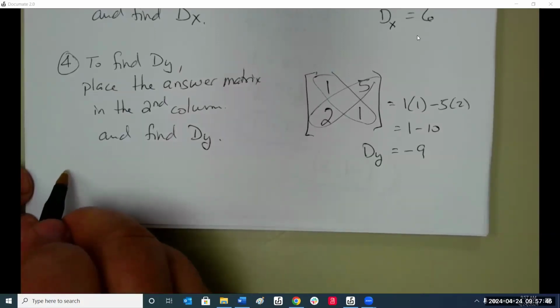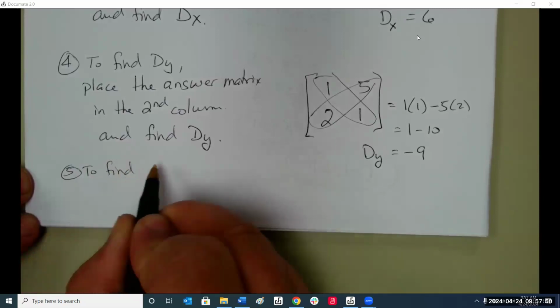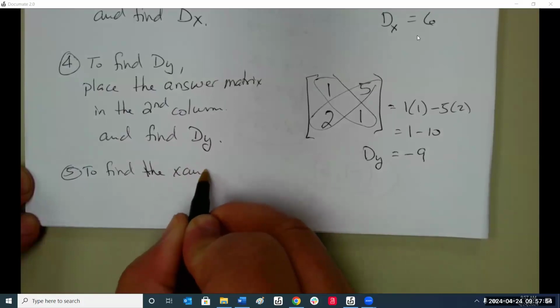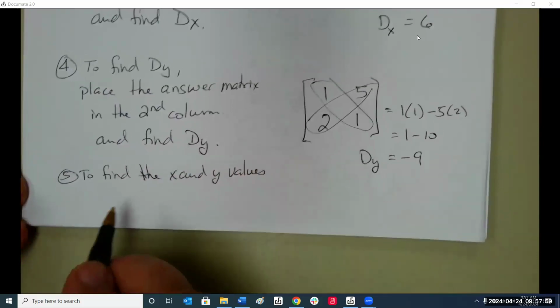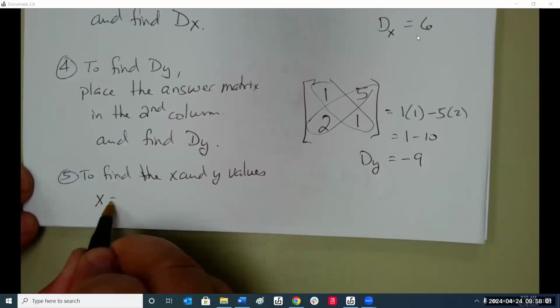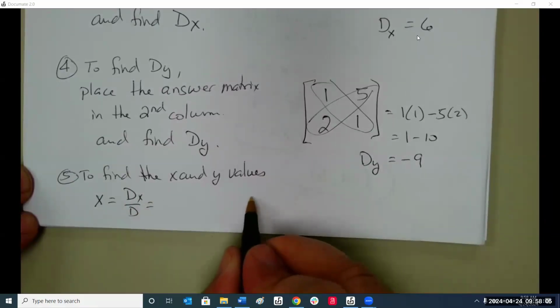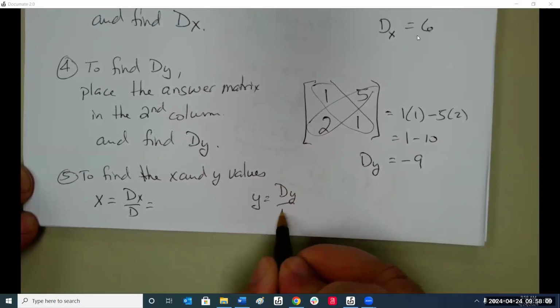Now we put them all together to find the x and y values. x is dx over d, y is dy over d.